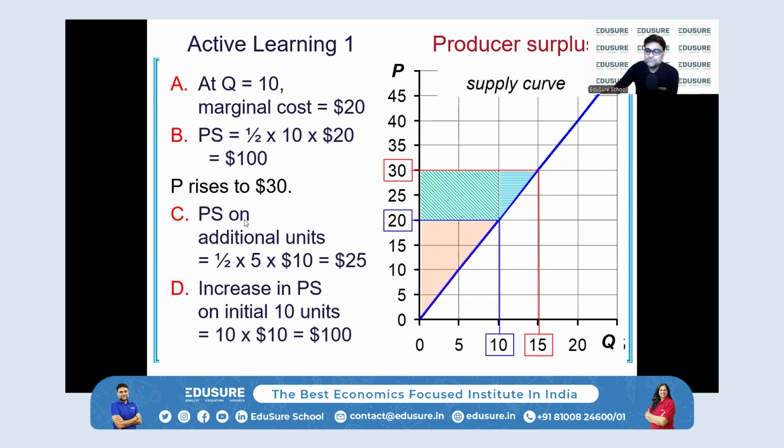Currently, we are in festival time in India. In festival times, usually tourism peaks, right? And travel agents have a good time. So travel agents have a good producer surplus during festival and peak tourism times.